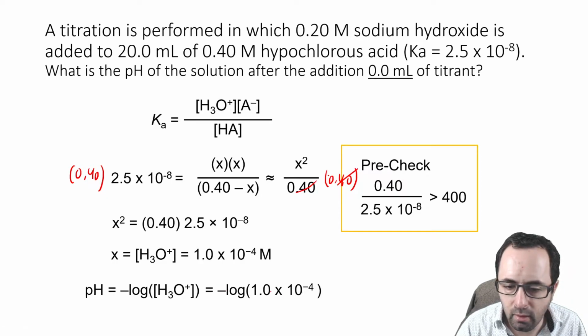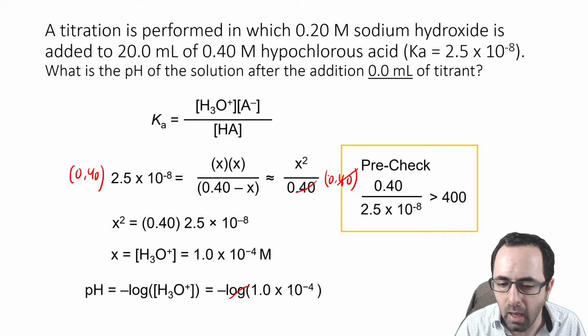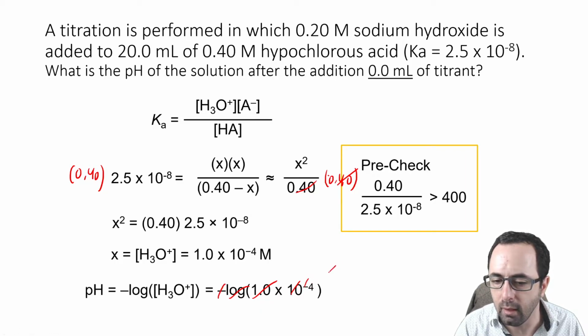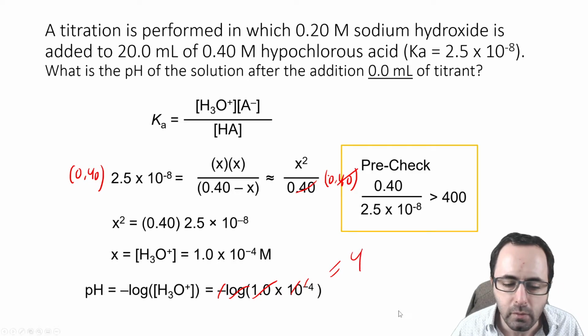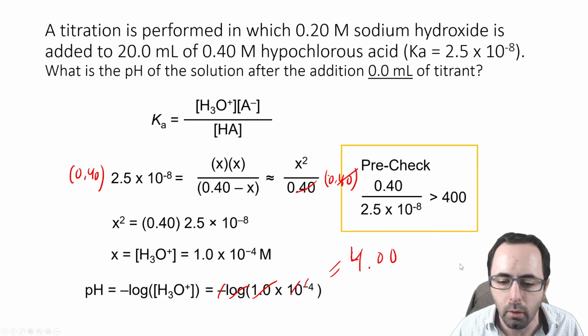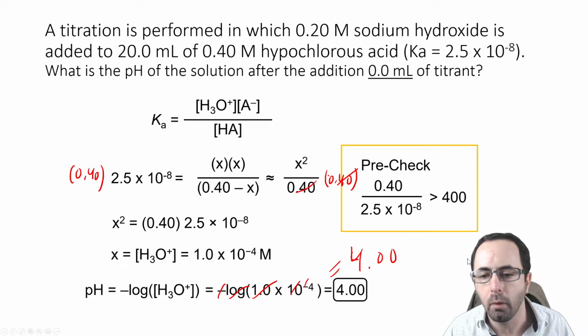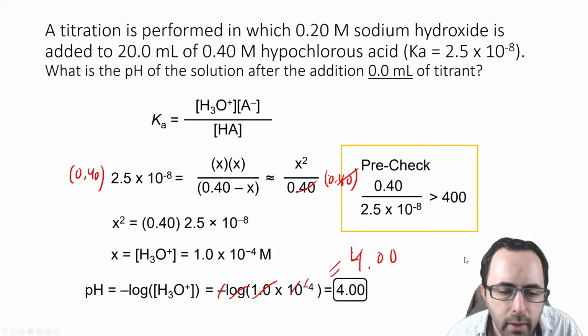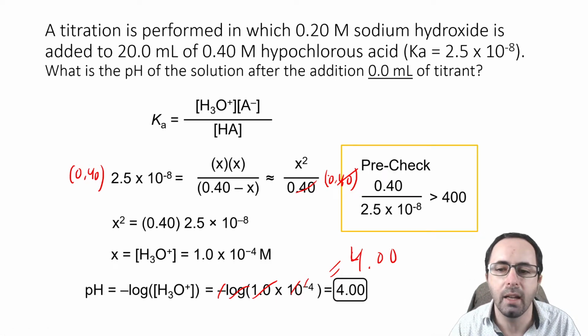The log cancels the 10 to the power. If you multiply something by 1, that doesn't change it. And then the negative cancels the negative here, and you get that this equals 4. And if we want to technically write this with the right number of sig figs, it would be 4.00. So the pH here is 4.00 before we have added any base.